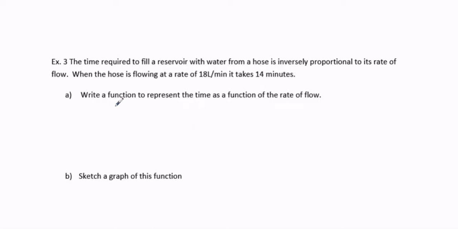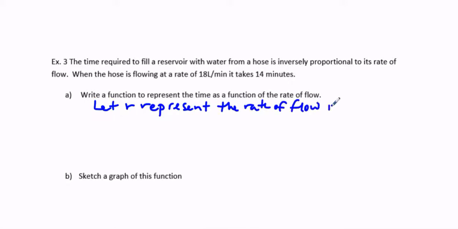What we have here is we need some let statements. Let's just read it again. It says, write a function to represent the time as a function of the rate of flow, which means that our dependent variable is going to be the time, and the independent variable is the rate of flow. So let R represent, it's like our X, the rate of flow, and our units are going to be in liters per minute.